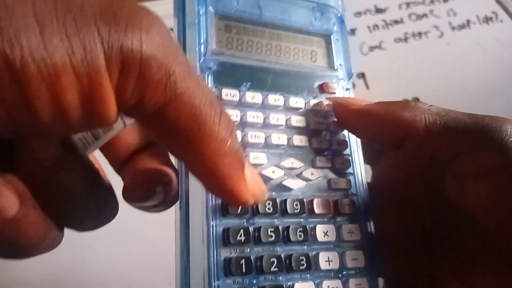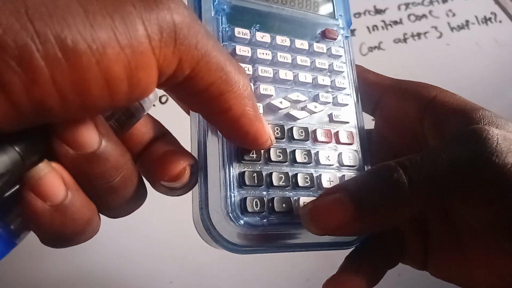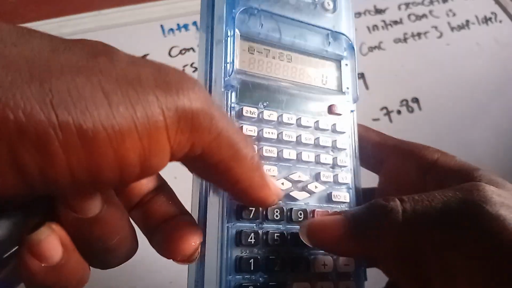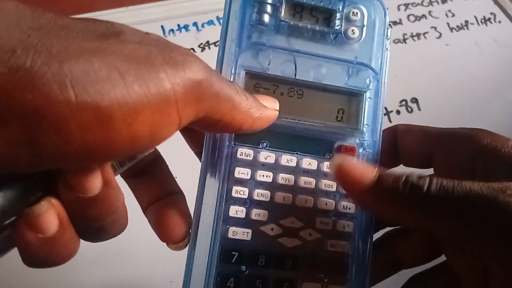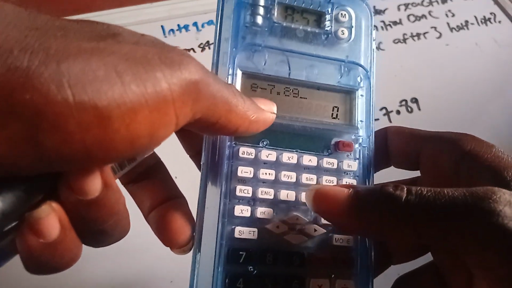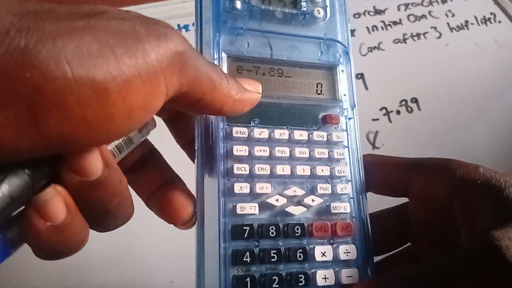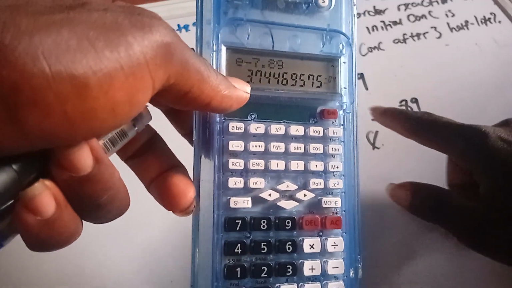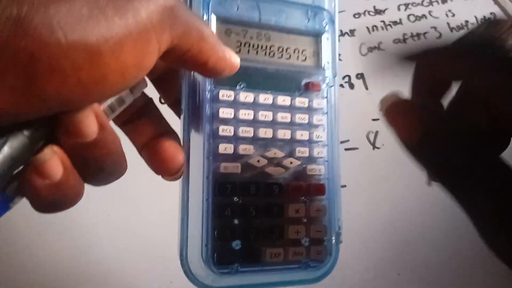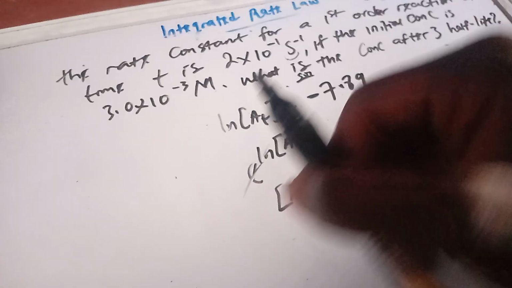Just type it directly: shift ln minus 7.89. If you want to type an exponent in your calculator, don't put this power. Just say e, then after your shift ln, you type minus 7.89. So we can see now. If you put power, whether it's positive or negative, it will bring a syntax error. I don't know, maybe that's how it is for every other calculator, but for this calculator, don't put power.